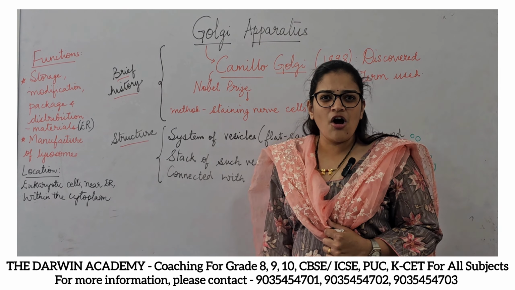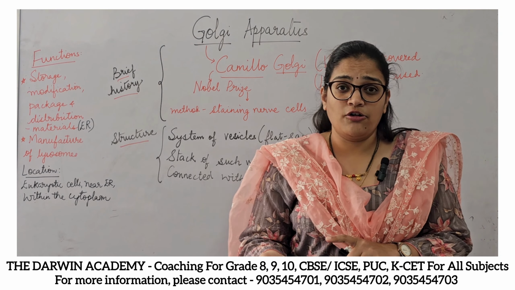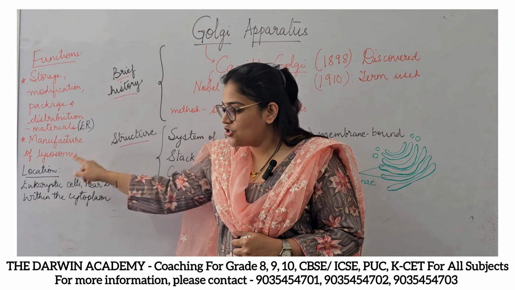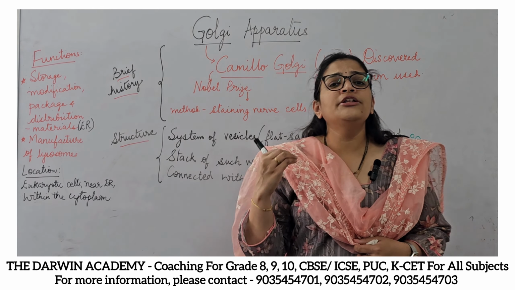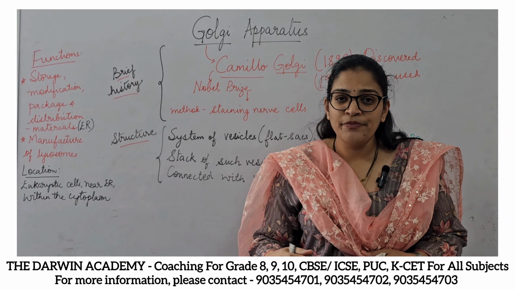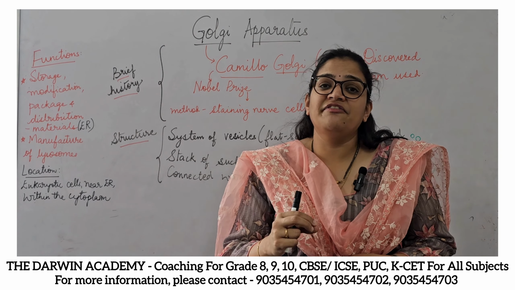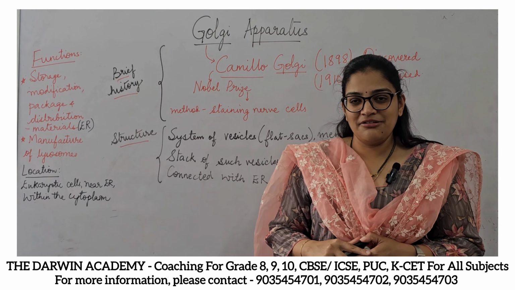Now, where is the Golgi apparatus, which is also known as Golgi bodies or Golgi complex, found? Location. The Golgi apparatus is found within all eukaryotic cells, meaning those cells that are well developed, which have a clear, well-defined nucleus, nuclear membrane, and membrane-bound organelles, right?